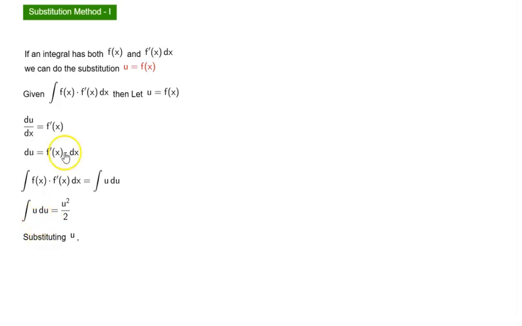Now, substituting u with our original substitution, we get integral of f of x times f prime of x dx is equal to f square of x by 2 plus c. Now that's integral of f of x times f prime of x dx.